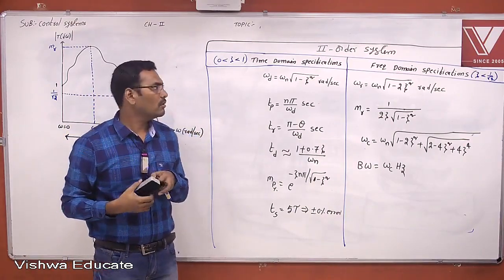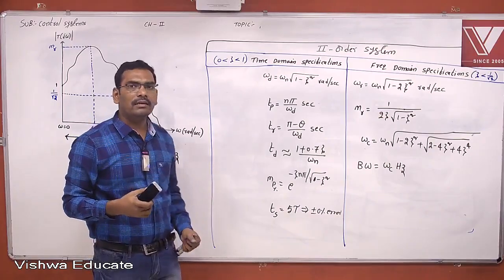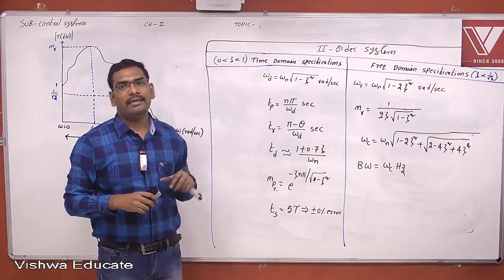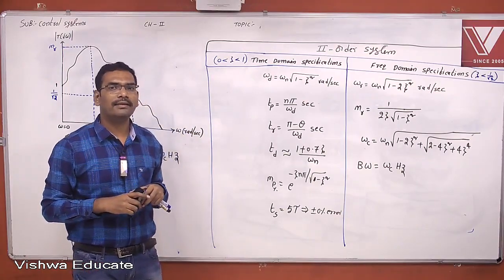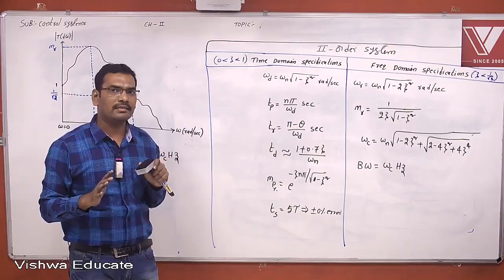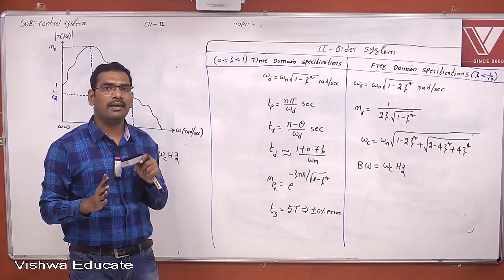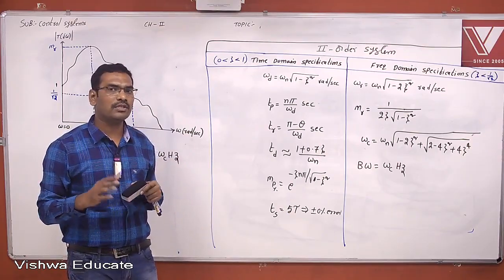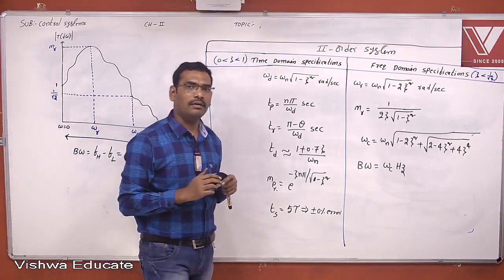Now this is actually the total second chapter, which is time domain analysis, which includes the first order system and second order system, transient state analysis and steady state analysis, which is very important from the GATE examination point of view.